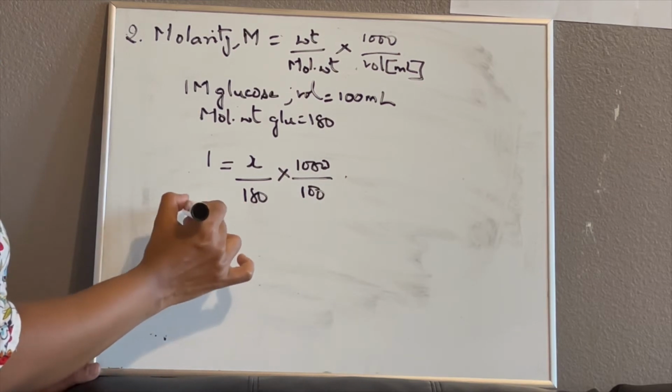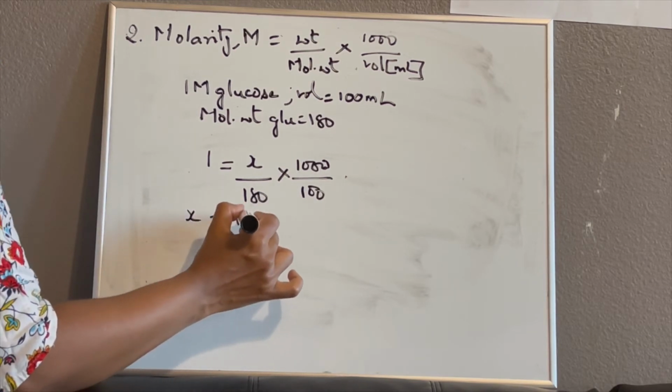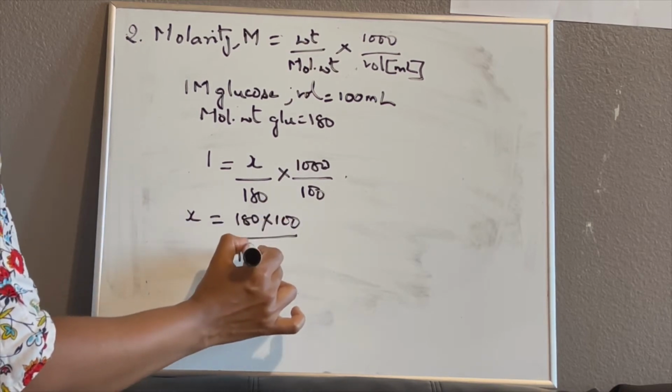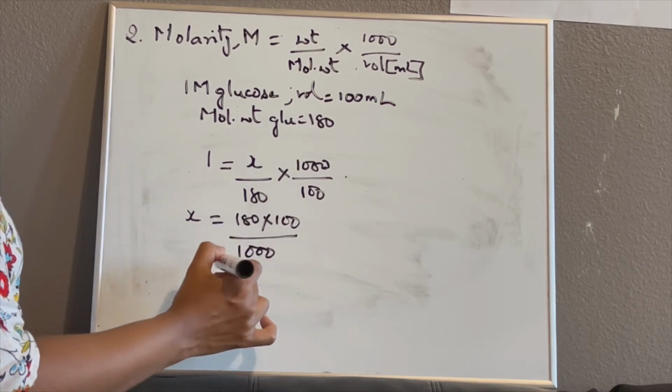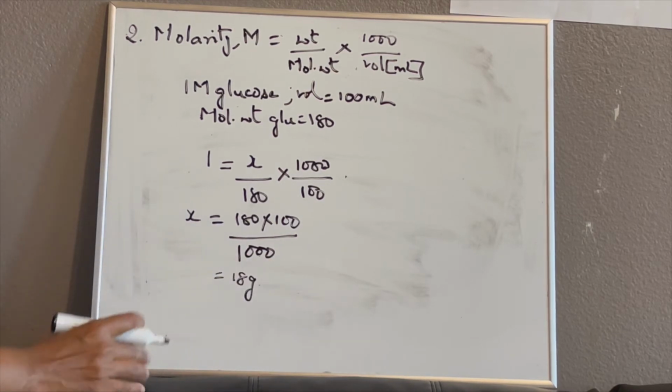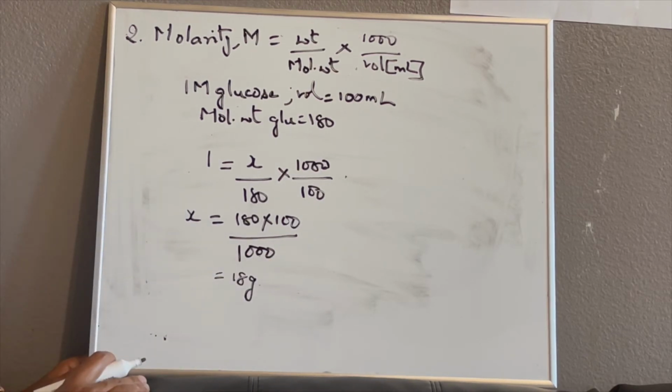So X is equal to 180 into 100 by 1000, which becomes 18 grams. So if you dissolve 18 grams of glucose in 100 ml of water, you will get a 1 molar solution.